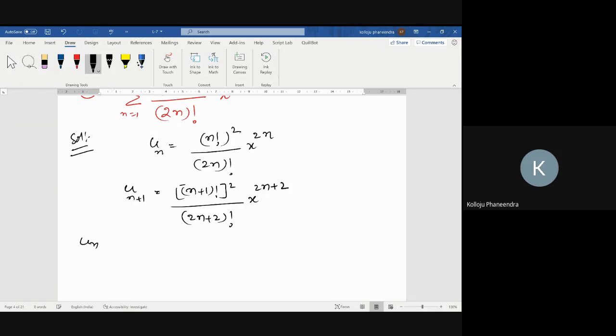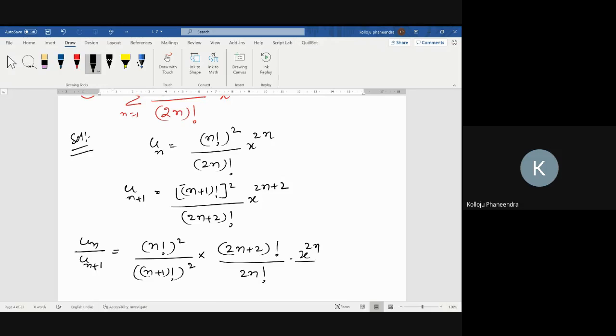Now the ratio un by un plus 1 is n factorial whole square by n plus 1 factorial whole square into 2n plus 2 factorial by 2n factorial into x to the power of 2n by x to the power of 2n plus 2.